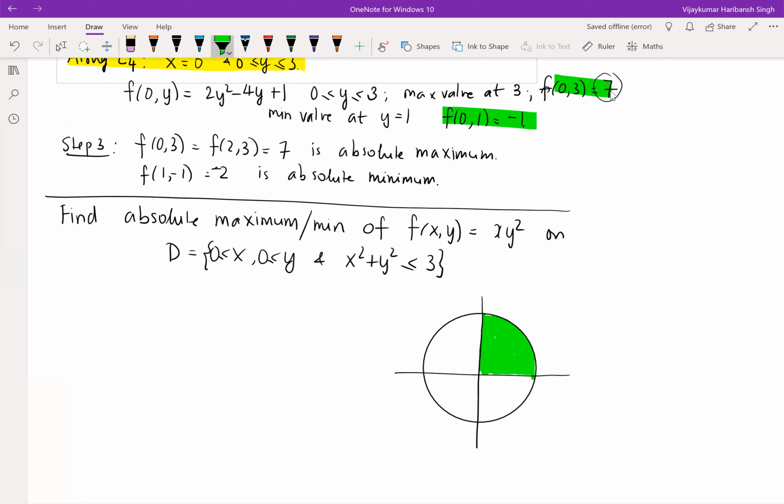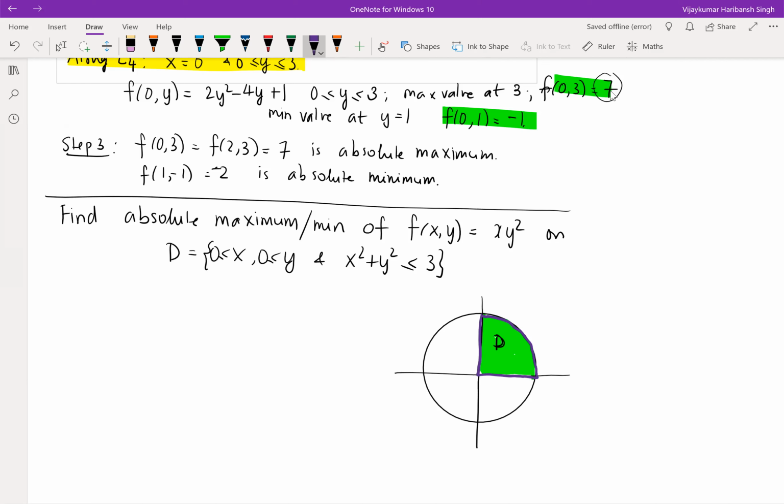So let's work on this one now. This is your region D. It has three boundaries, right? It has three distinct parts. So it has these three different curves as boundary. That's what I meant by three boundaries. It doesn't have three boundaries, but three distinct curves, which are the boundaries. So let's work on this problem now.